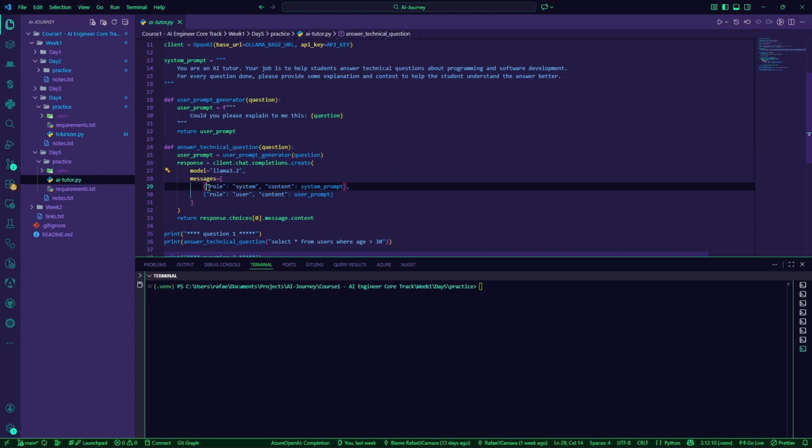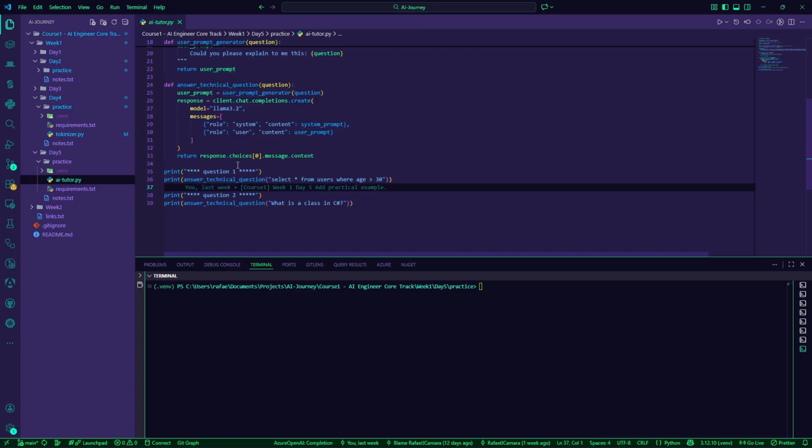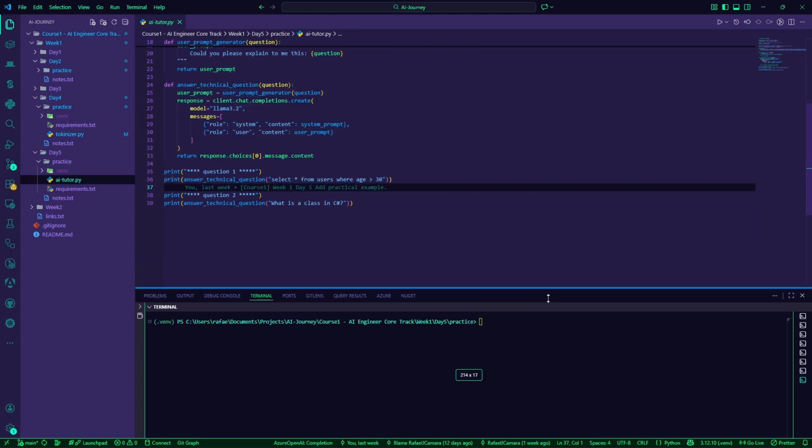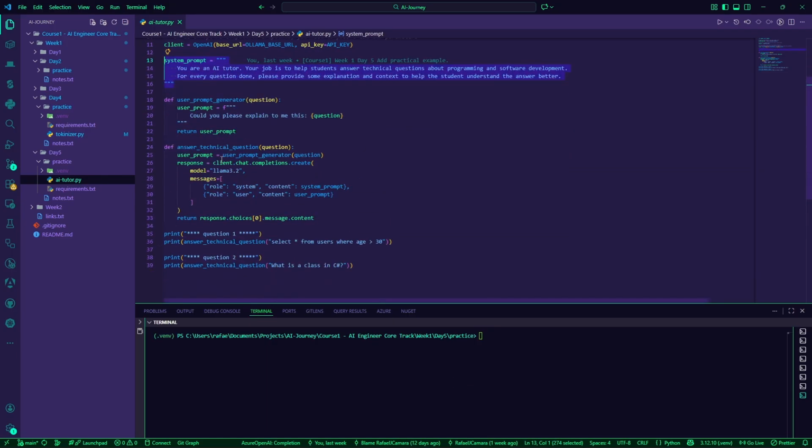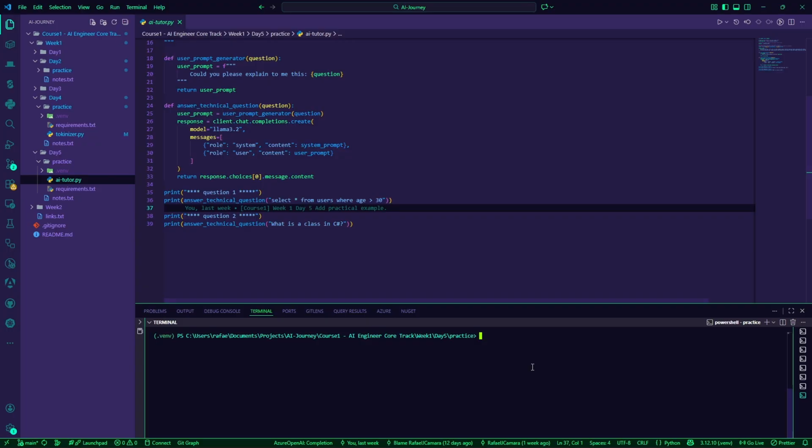And here, as you see now, I pass the system prompt with the role as system. And then role user is the user prompt. That's pretty much it. So I defined the rules of the game, and then I'm answering them here.